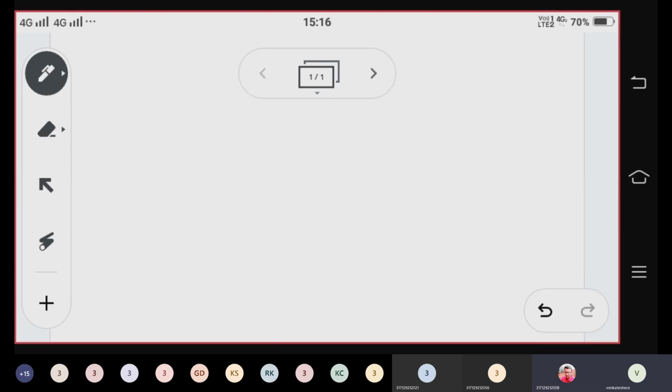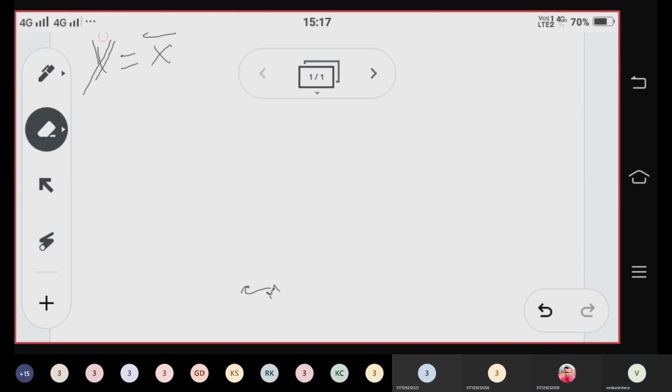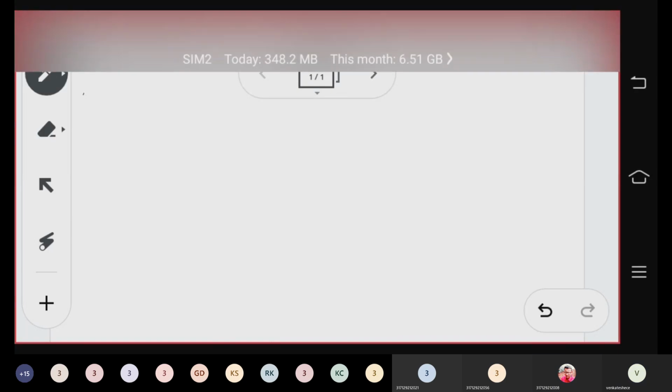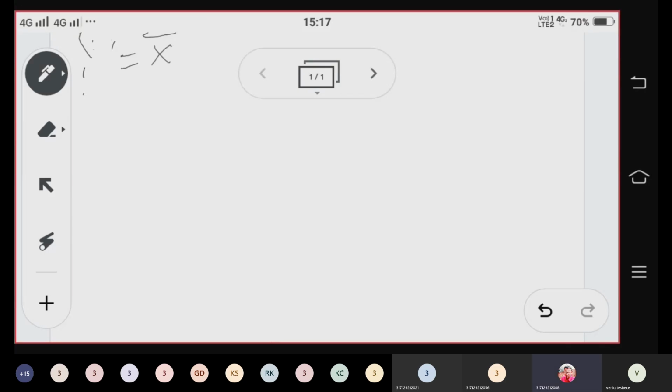A bar, sir. Yes. Let us consider Y equal to X bar. My output equation is Y equal to X bar.